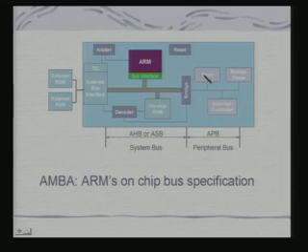You have got a timer, interrupt controllers and other devices which should be lying on the peripheral bus. And what is important, this AMBA is basically on chip bus specification. Your PCI 104 or 104 plus were not really on chip bus specification, but actually external to the chip, PCB based bus specification.